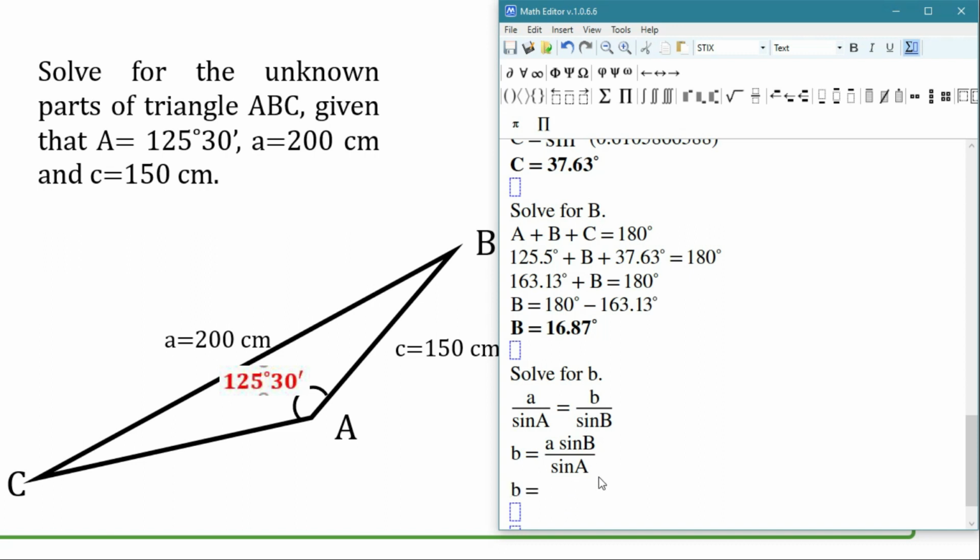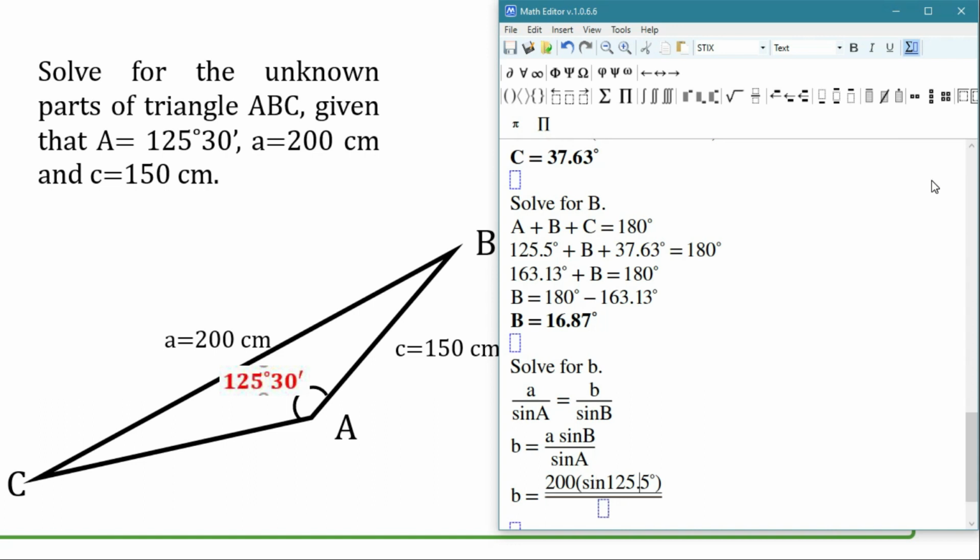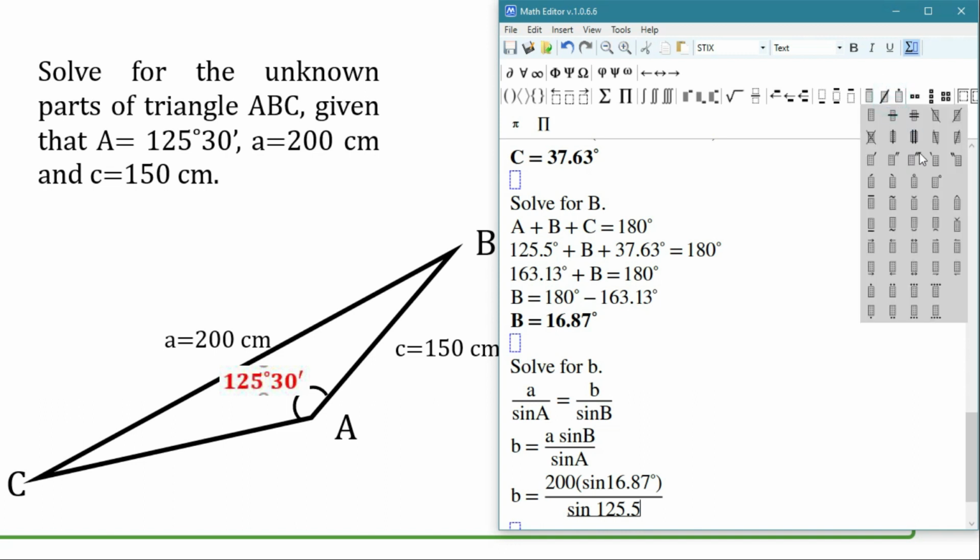That is B equals, the value of A here is 200. That's 200 multiplied by the sine of B. The B natin kanina is 16.87 degrees, over the sine of A, which is the sine of 125 degrees and 30 minutes, or 125.5 degrees.